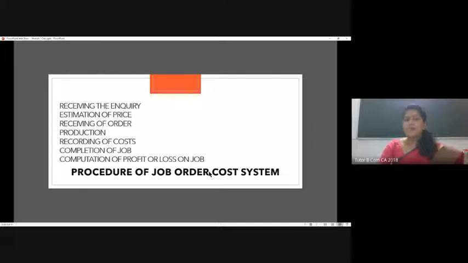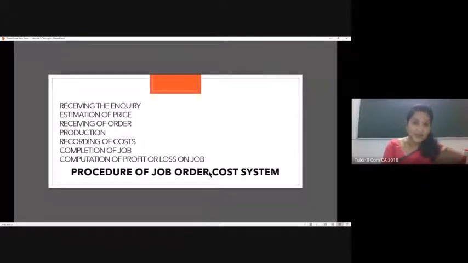Finally, he will give an estimation for the price. He says, I can give you a wardrobe with 3 doors for a price of 38,000 rupees. Just an example.